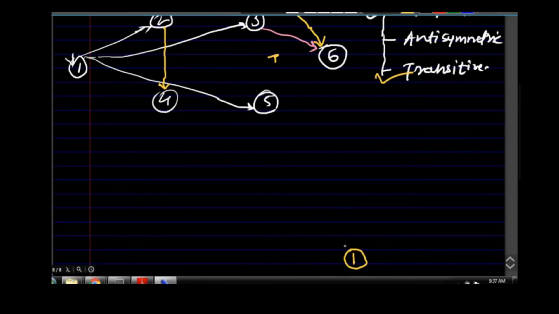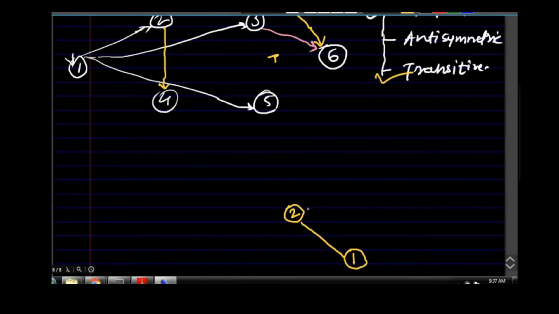So the first edge that we will show here is from 1 to 2, without an arrow. So this edge is without an arrow. The meaning of this edge is that if 1 is at the bottom, the relation is from 1 to 2.